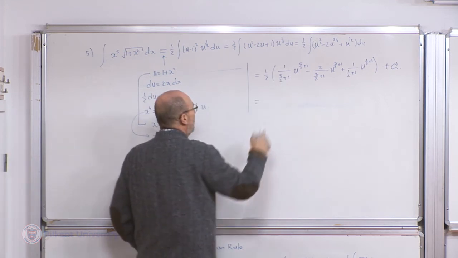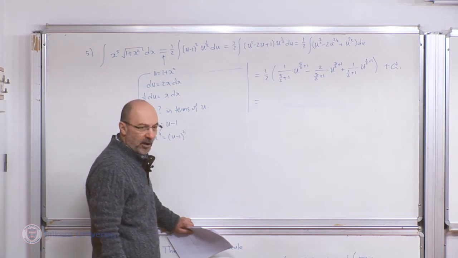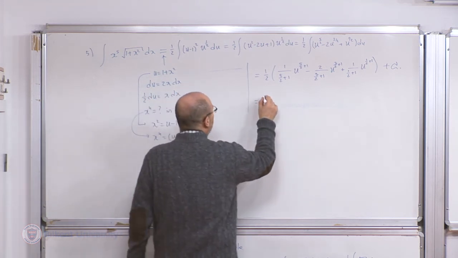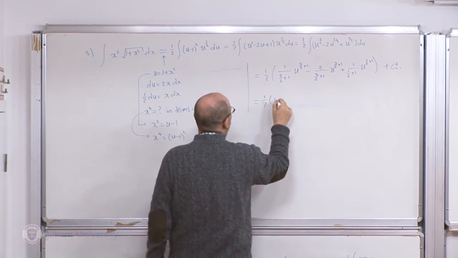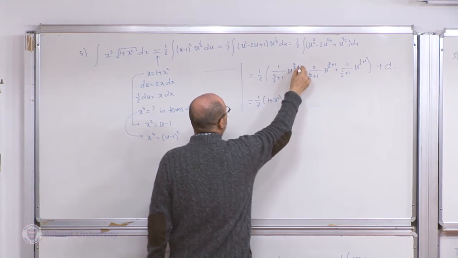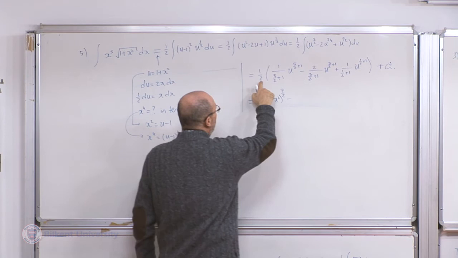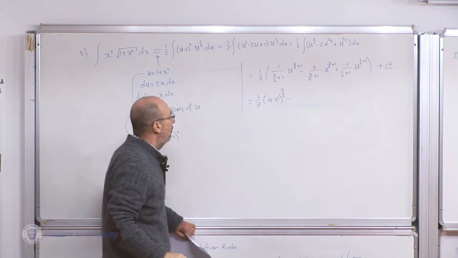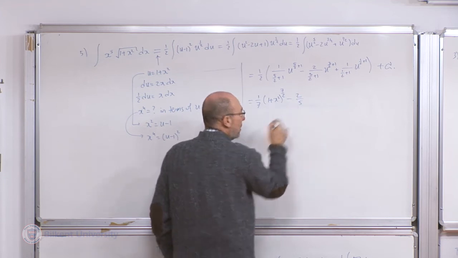Okay, so what is this number multiplied? So this is 7 over 2. 2's will cancel, 1 over 7. Okay, 1 over 7. And this thing is u, which is 1 plus x squared, and this is 7 over 2. Minus. Okay, so this 2 cancels with this. I have 2 over 5. Okay, agree?